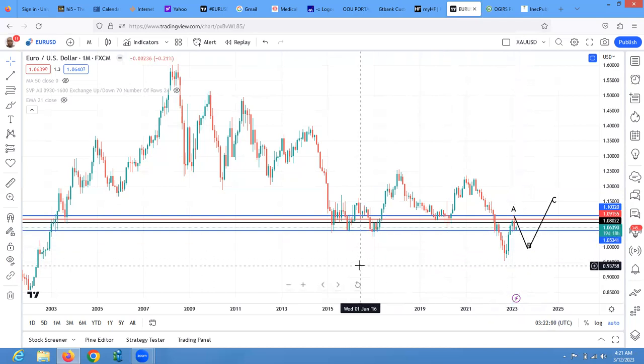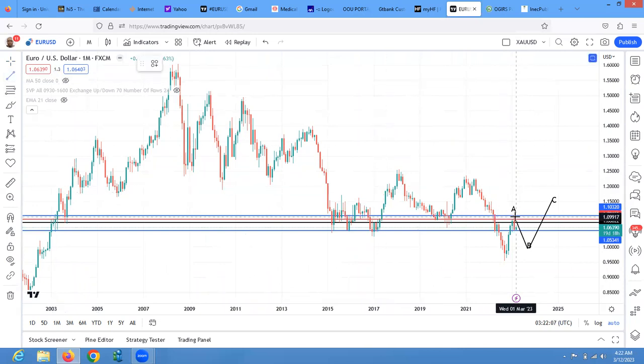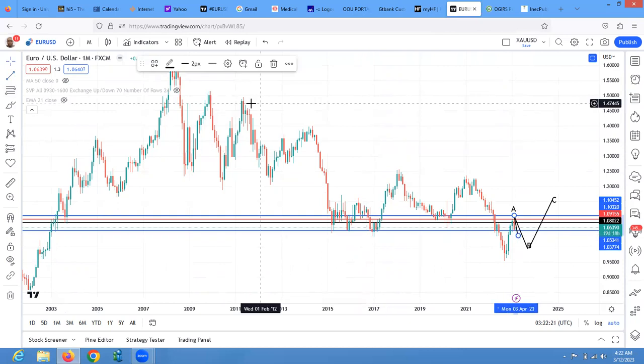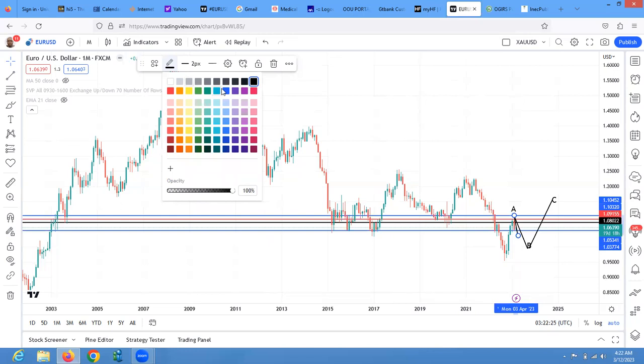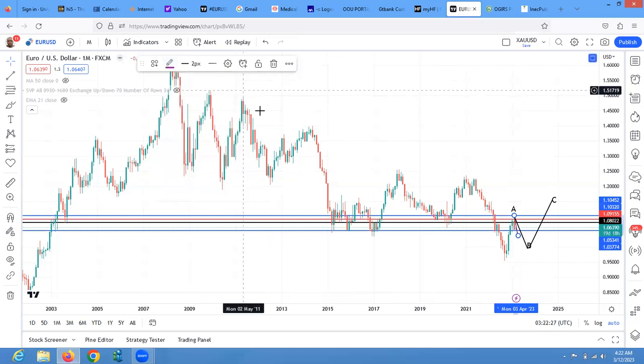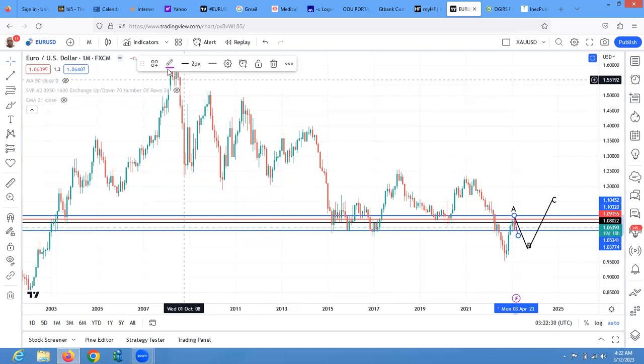So what we are saying is that that B leg also is going to run like A, if I may use a purple for this one, is that distinct enough? Or should I use a red?